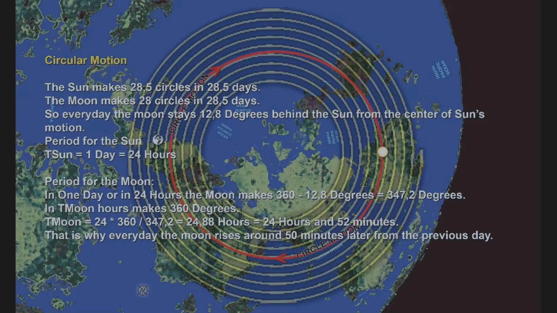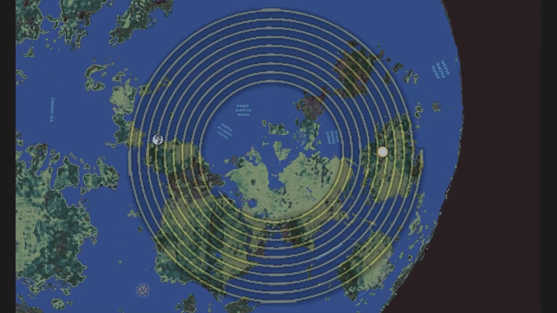In T-Moon hours it makes 360 degrees. T-Moon equals 24 multiplied by 360 divided by 347.2, equals 24.88 hours, equals 24 hours and 52 minutes. That is why every day the Moon rises around 50 minutes later than the previous day.